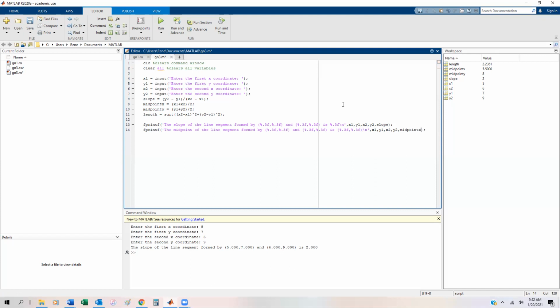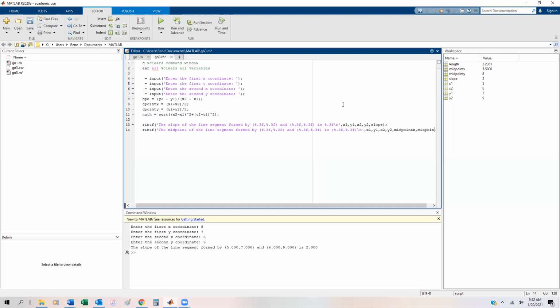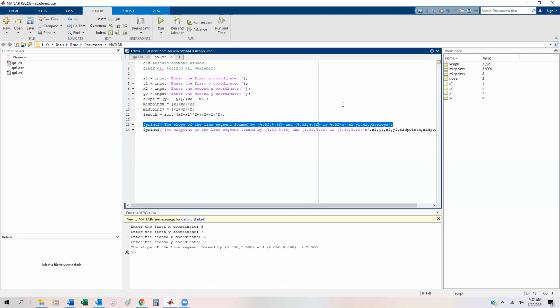So we have a midpoint x, comma, midpoint y, right? And I'm going to suppress it. It's already suppressed. And then finally, just go through, and now we're getting the distance or the length, so the length of the line segment, and I'm just going to change this to length.